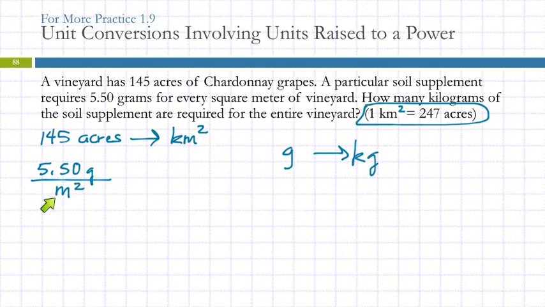So if I had square meters, I could use this to get to grams. And then, so this is getting to square kilometers, and that's starting with square meters. Could I do this? Yeah, we just learned how to do that. So I could go from square kilometers to square meters. Any questions?